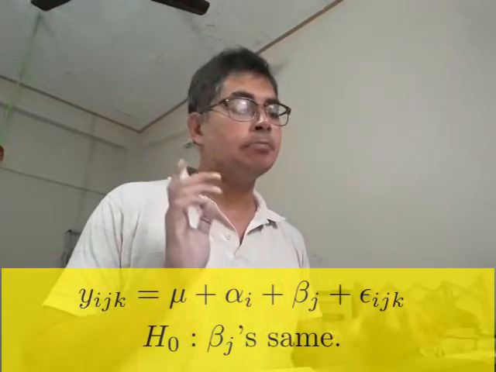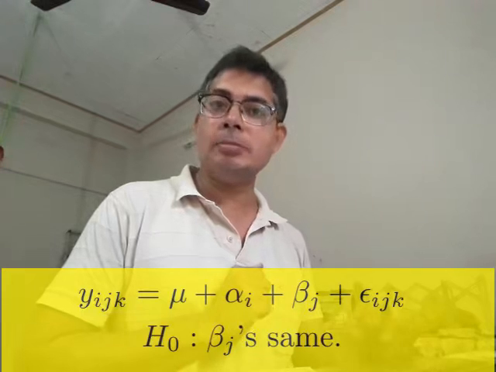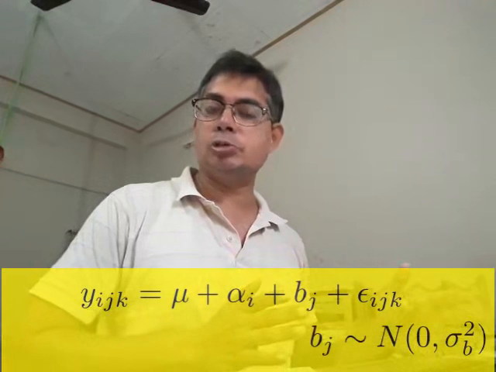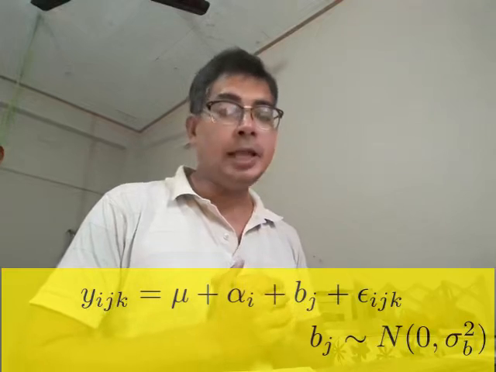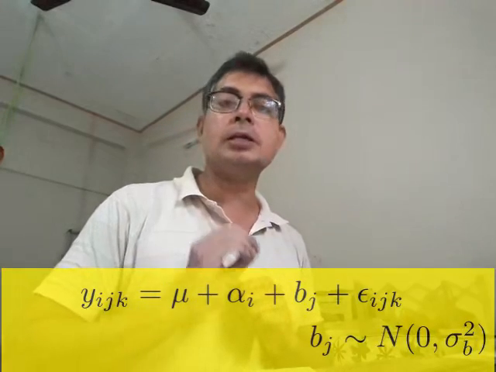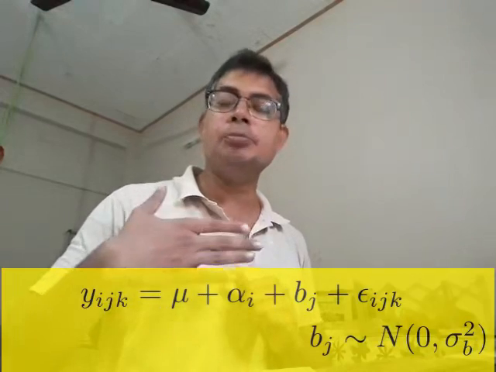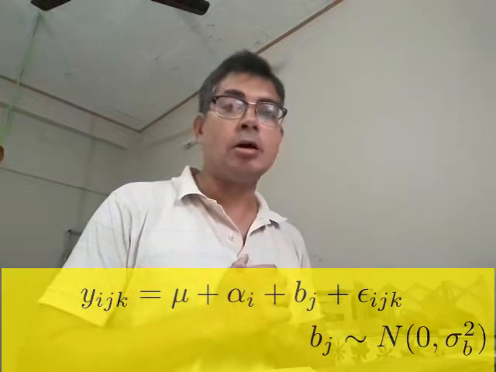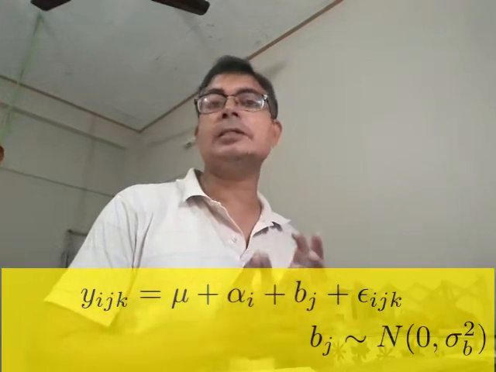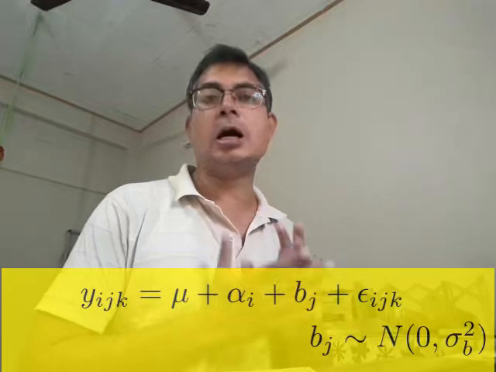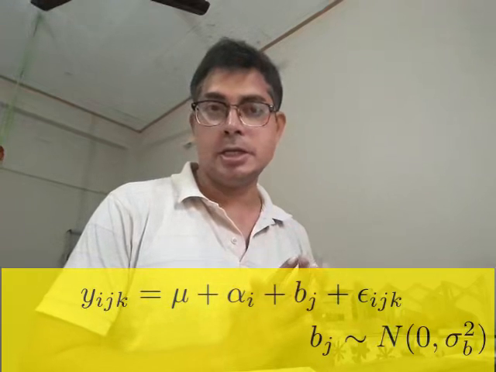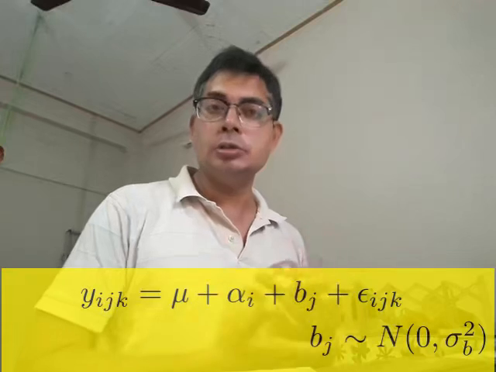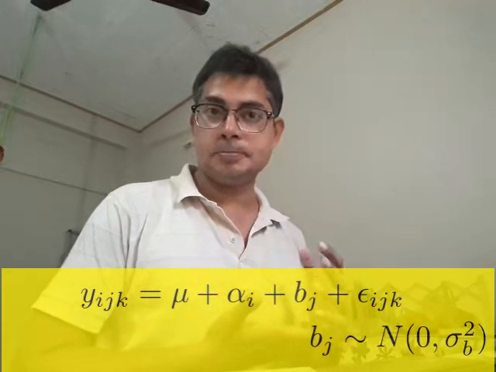However, if the beta j's are random effects, we have denoted them by bj and we have the corresponding distributional assumption on bj's, then in order to test whether the index j, that is the input corresponding to the index j, is significant or not, we cannot really test whether bj's are all same because bj's are no more parameters and a null hypothesis must always be couched using only parameters.